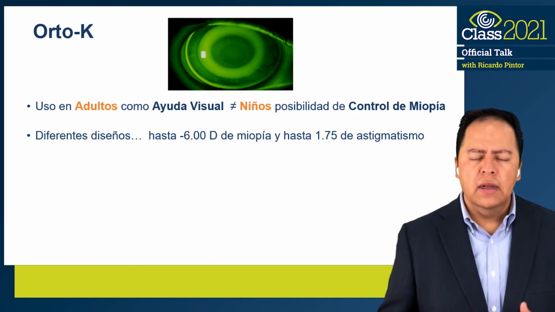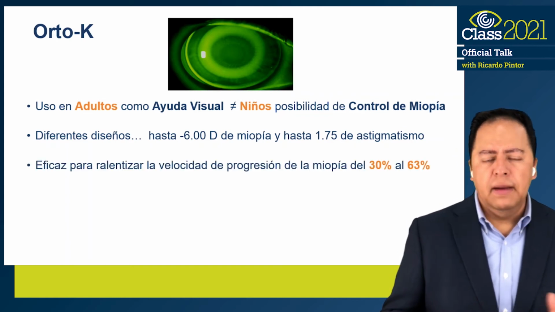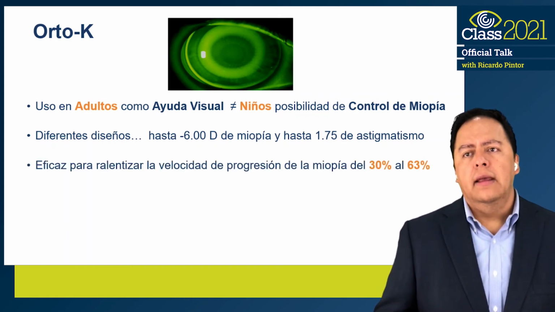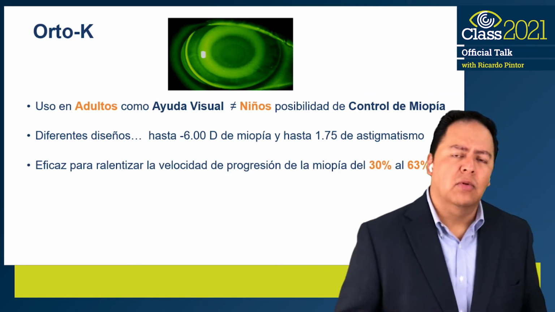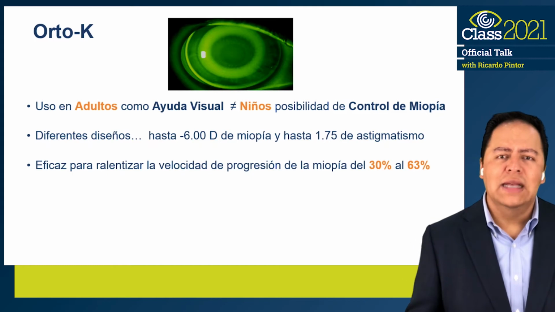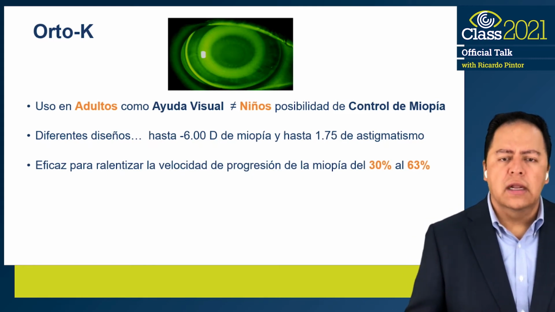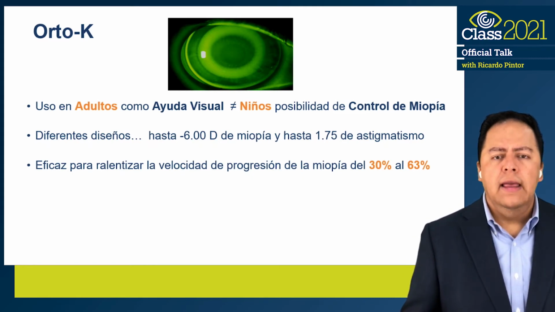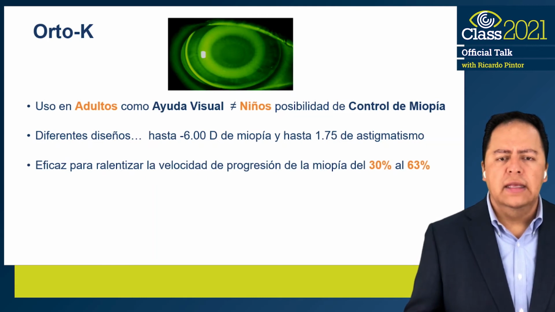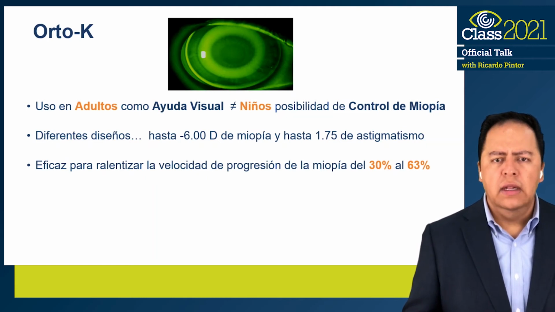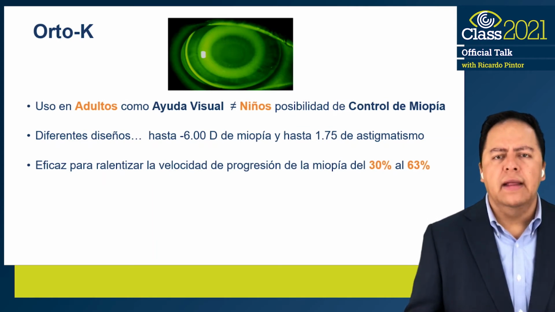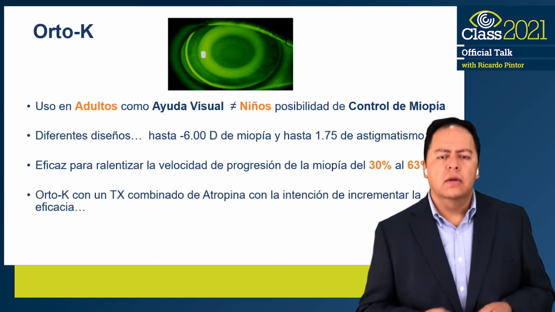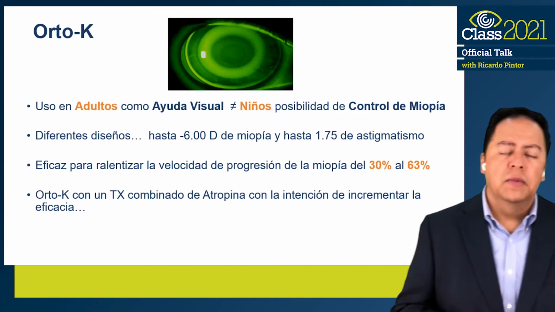In this case, we basically work with the curvature and the power of the myopic patient. Various studies show normally 30 to 63%, the highest values that have been shown. But it is a very specialized technique, oriented and very customized for each case.